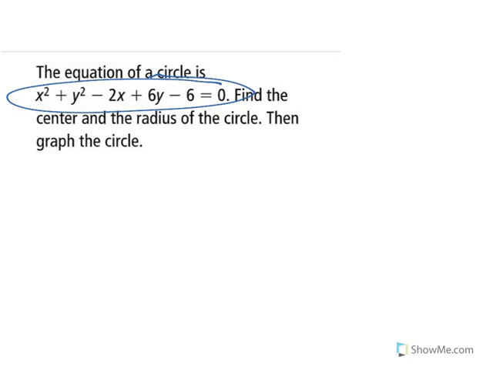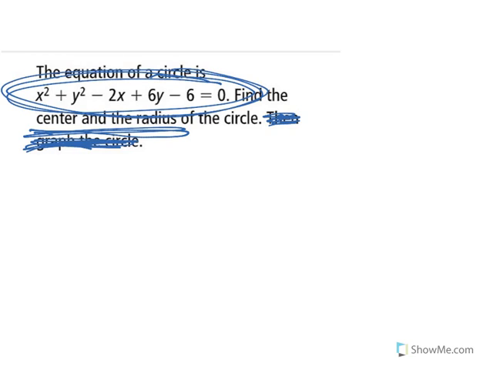Let's get it into the standard form so we can find the center and the radius. And by the way, if it tells you to graph, you don't actually have to graph anything. Don't worry about graphing stuff, especially circles right now. But we do need to find the center and the radius. So first we need to get this thing looking somewhat like our standard equation of a circle.